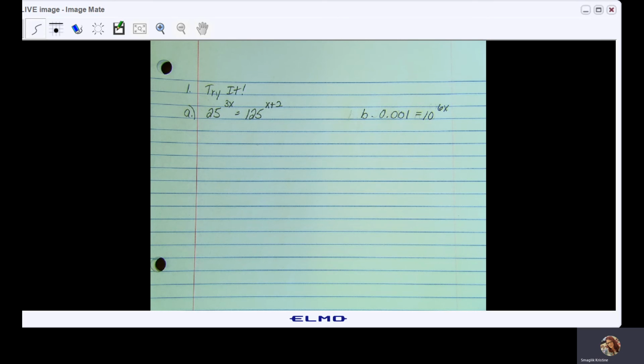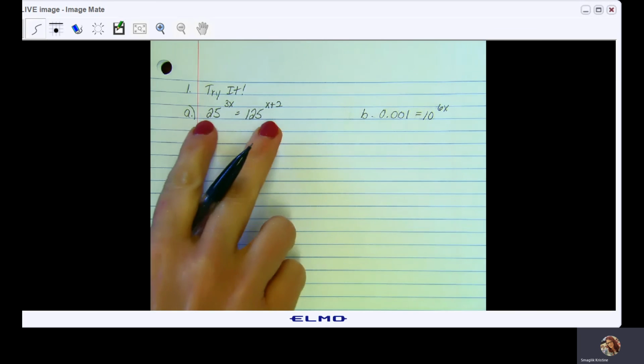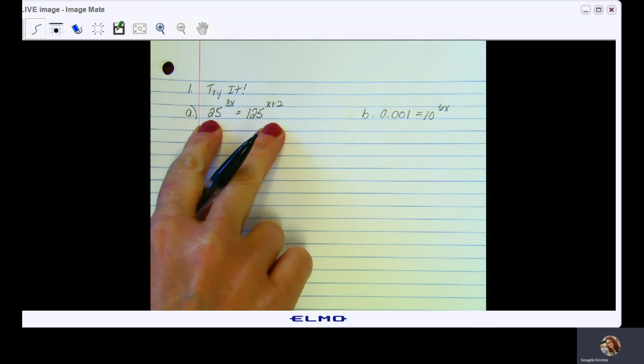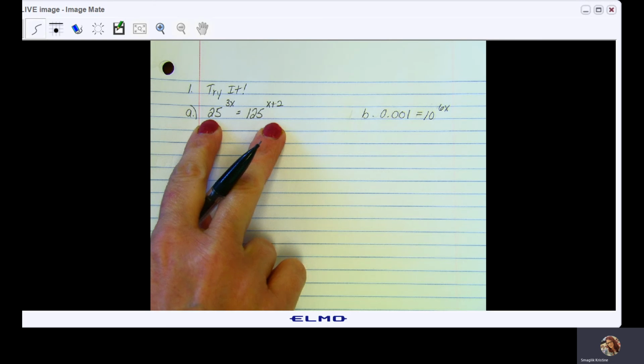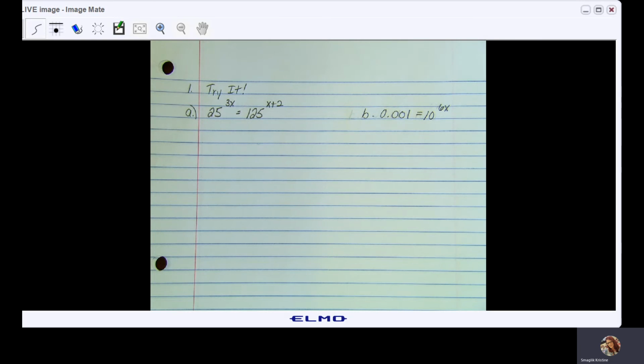Okay, so let's take a look at this. We have 25 raised to the power of 3x equals 125 raised to the power of x plus 2. I want to write both sides of the equation with a common base. Right away I'm thinking 25 is 5 squared, and 125 is 5 cubed.